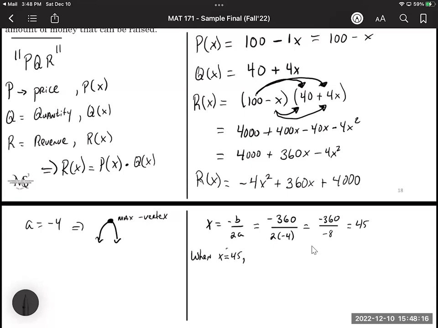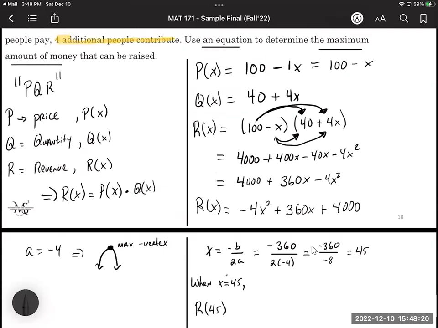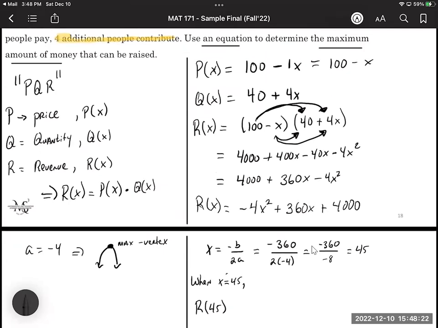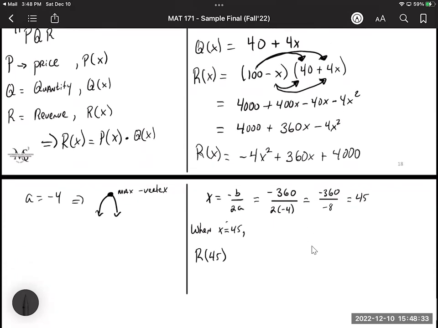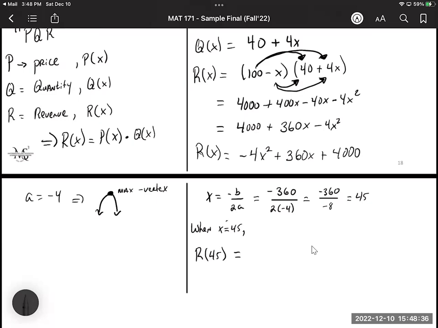So the max revenue, the way to compute it, R of 45, I wouldn't necessarily plug it into this revenue function because it looks a little bit harder to compute. Instead, I would plug it into the price and quantity function, right? So computing R of 45 is the same thing as figuring out the price when x is 45 multiplied by q of 45.